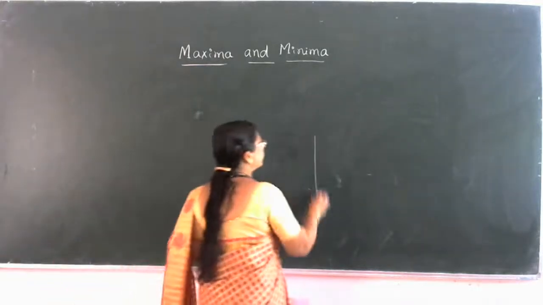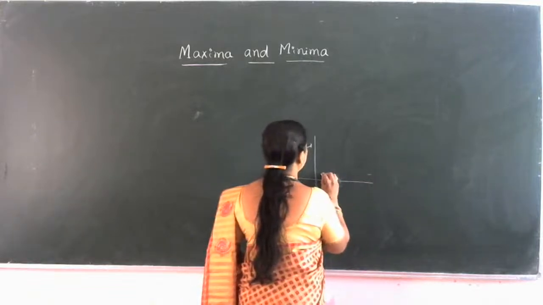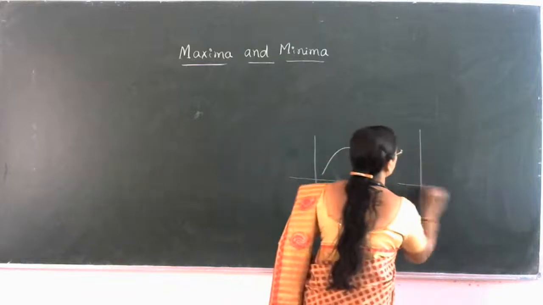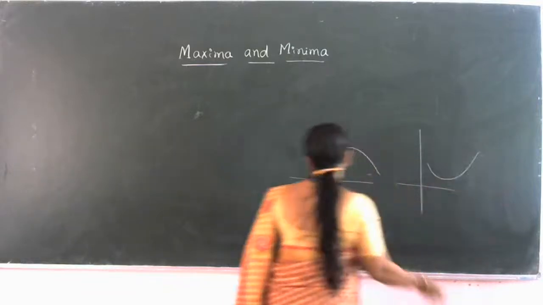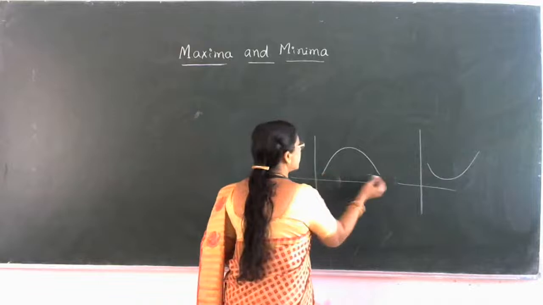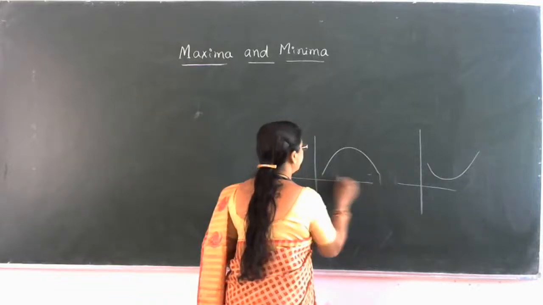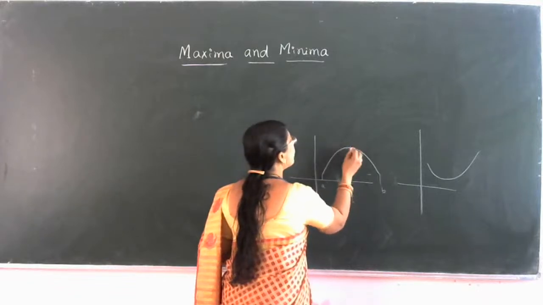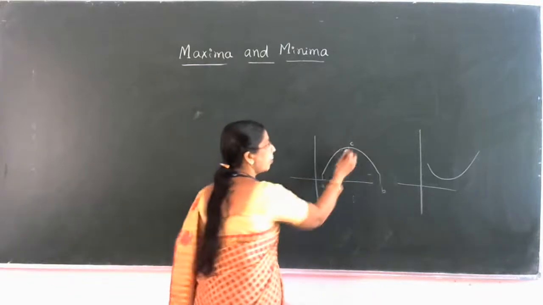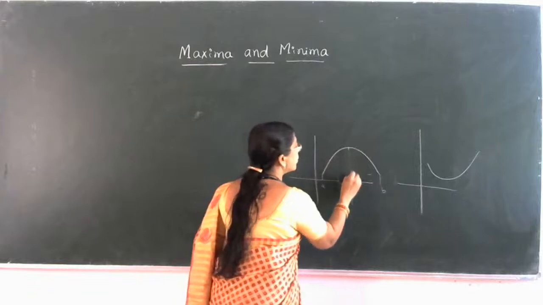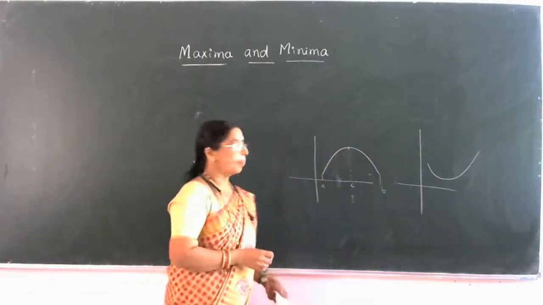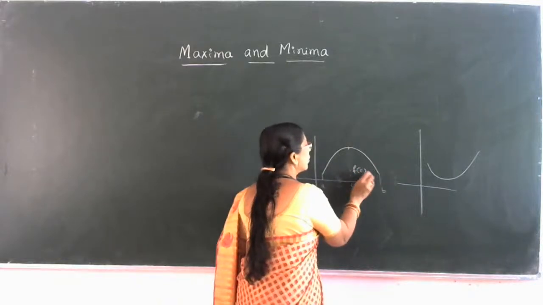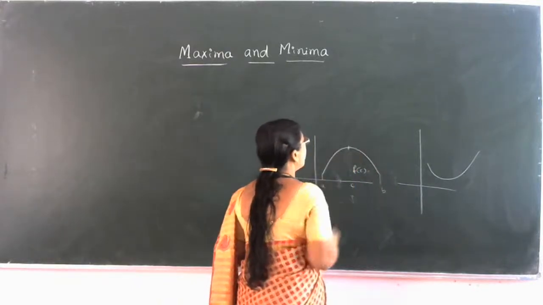In a function, we take the graph of the function. It's a curve line. There is an interval AB, it's an interval I. There is a point C. The f of C is having the maximum value.